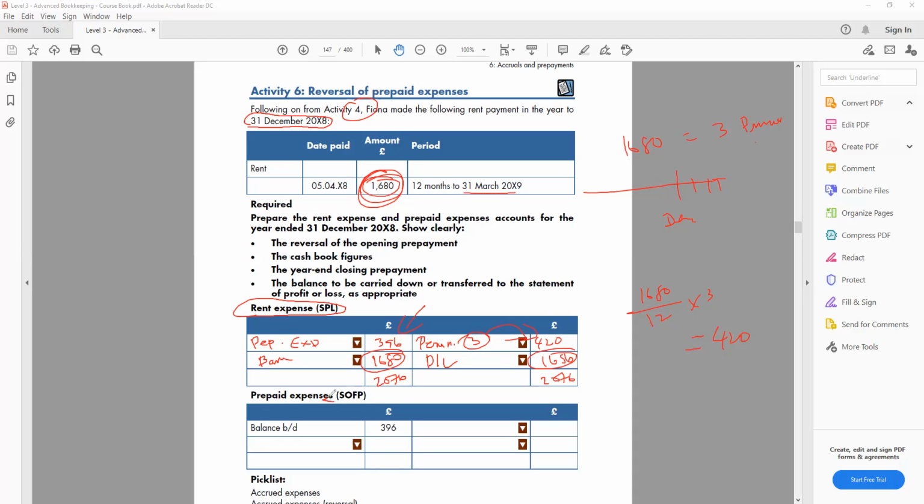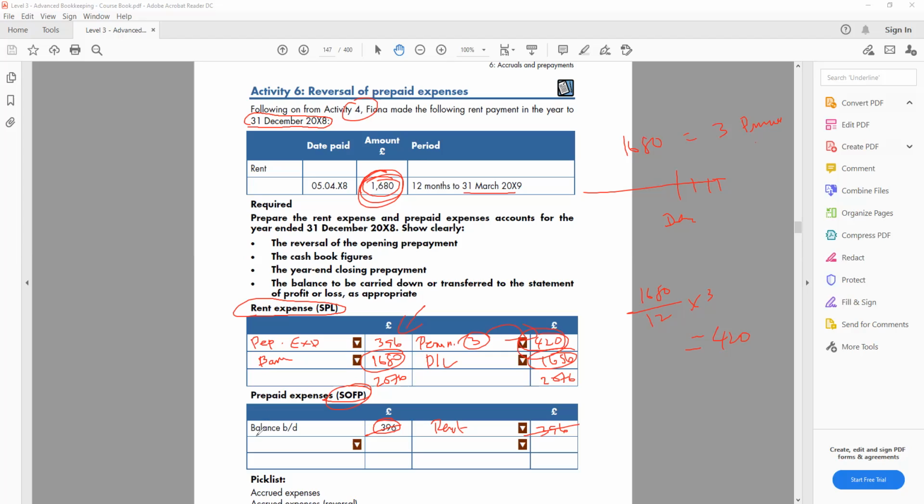For the prepaid expense account in the statement of financial position, my opening balance was 396. That comes from the last year. And I'm going to write rent expense because this expense is relevant to this period. So it's now vanished, it's gone. The opening balance comes from the last year, and this year it is adjusted because this expense is relevant to 2008. But this year I also have some prepayment, that is 420.